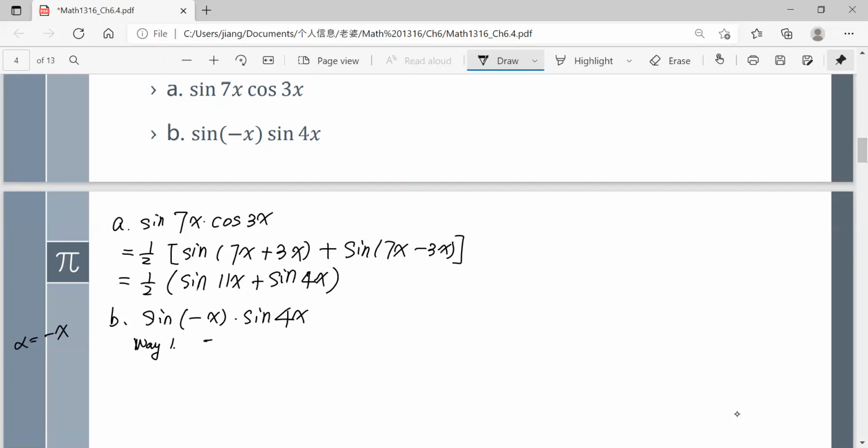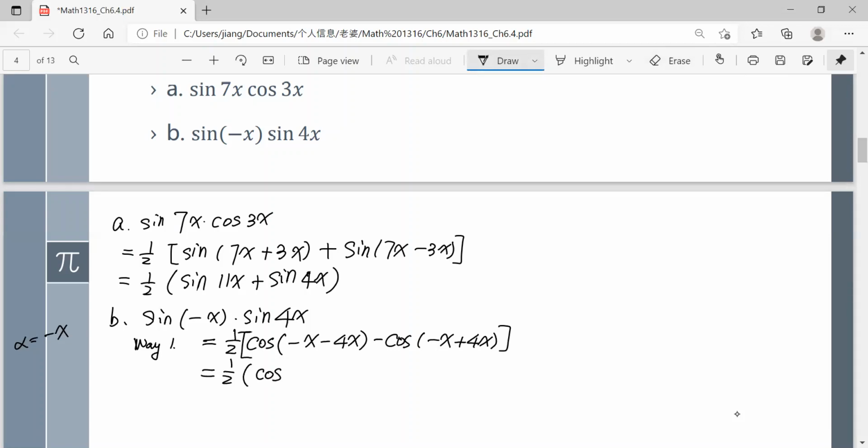So this expression equals 1/2 cosine. Because this is sine and sine, we need to have cosine of negative x minus 4x, minus cosine of negative x plus 4x. And then do the simplification. This is cosine.